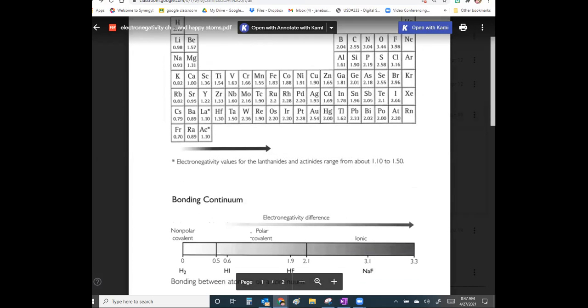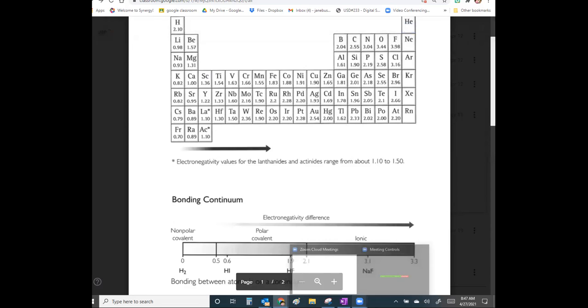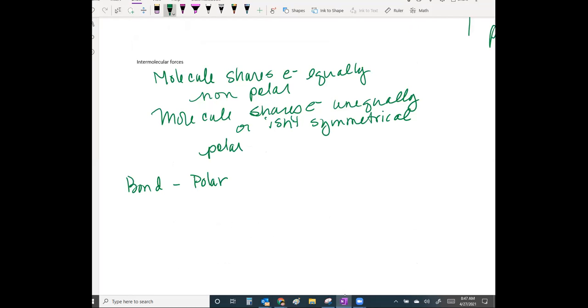If the bond electronegativity difference is 2.1 or higher, it's considered an ionic bond. If the difference is between 0.5 and 2.1, it's considered polar covalent, and less than 0.5 is considered nonpolar.